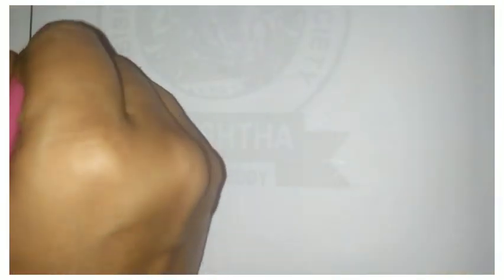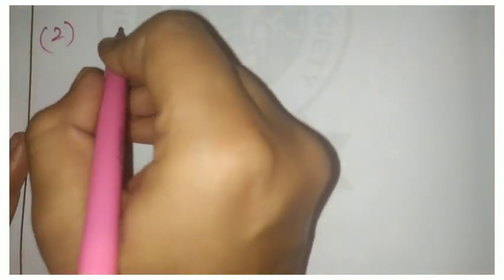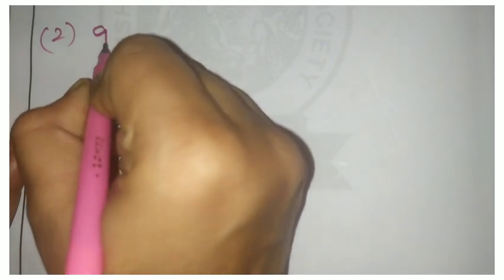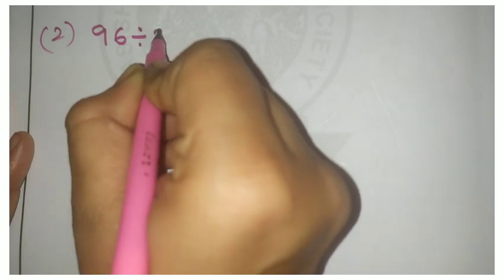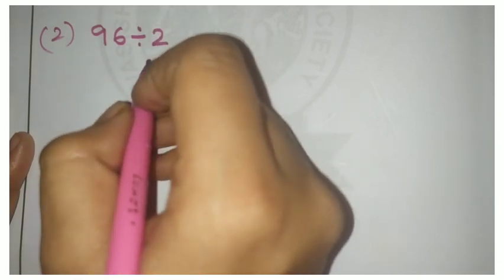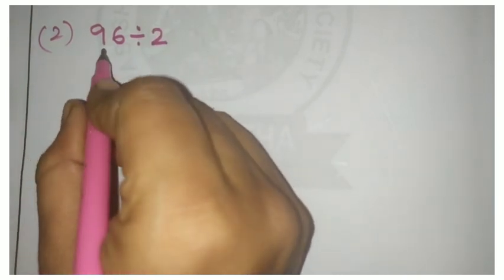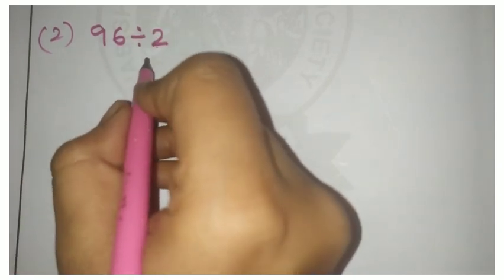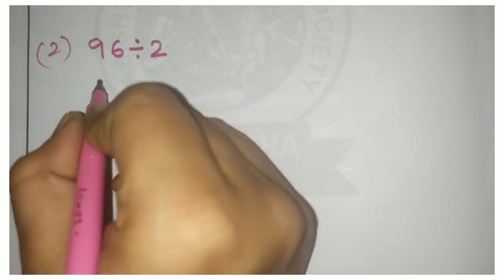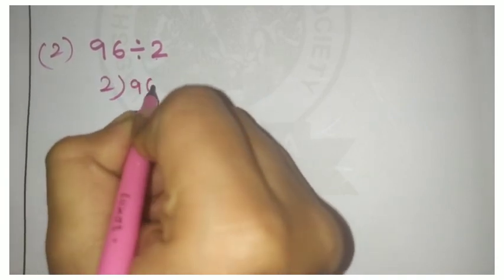Okay, for example, 96 divided by 2. Here 96 is the dividend and 2 is the divisor. Okay, 96.